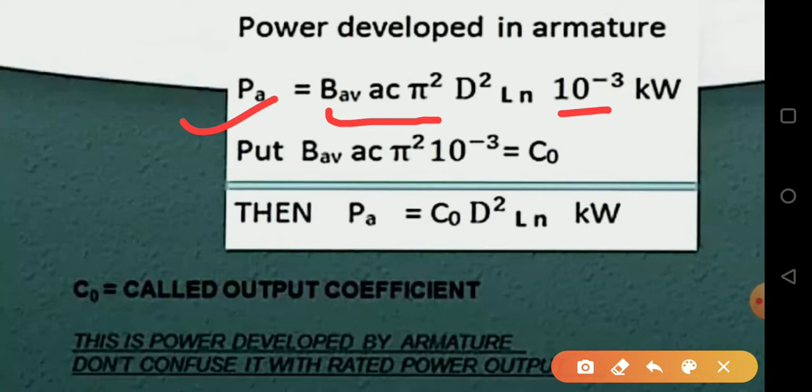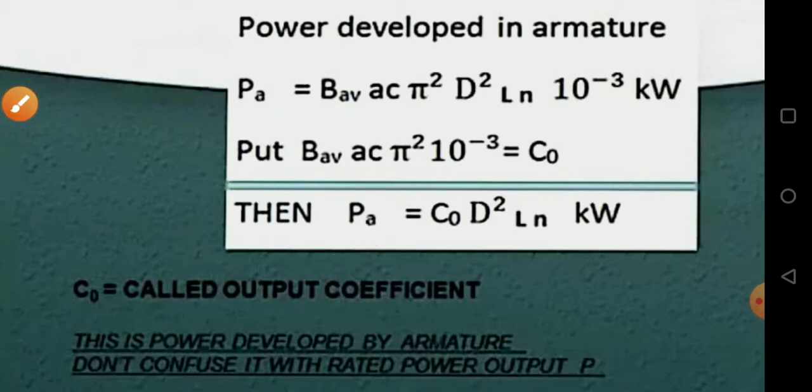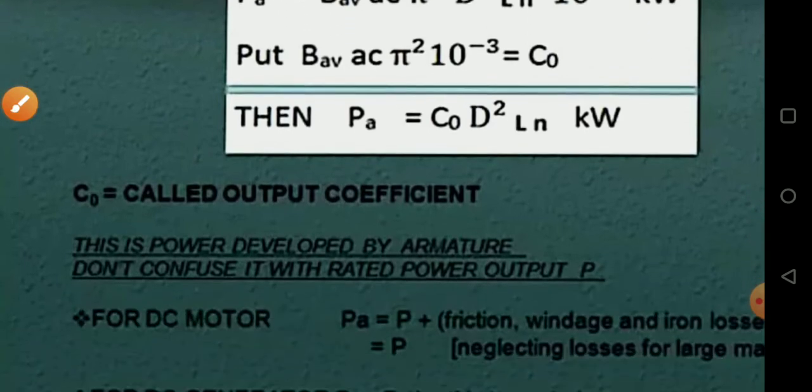These are represented by Co. Now the power developed is Co D square Ln kilowatt. Now Co is called the output coefficient. So this is the power developed by the armature. Do not confuse it with the rated power output P.